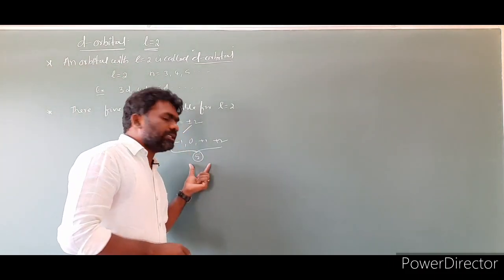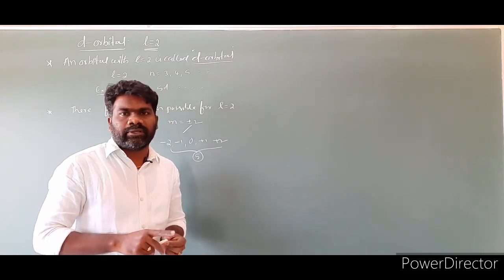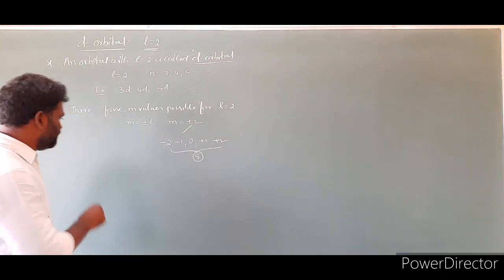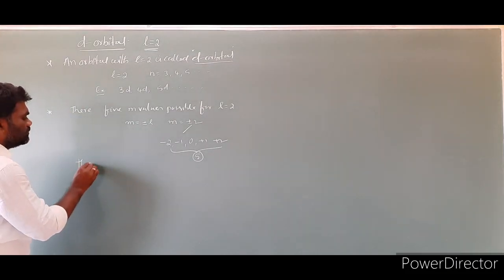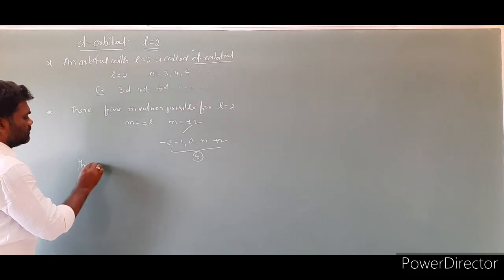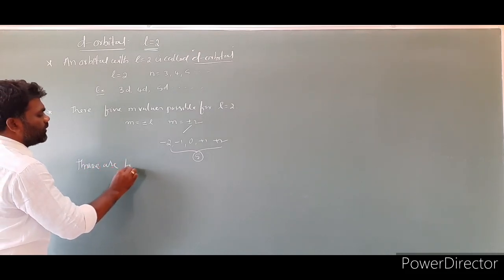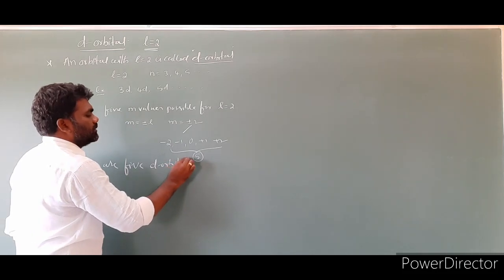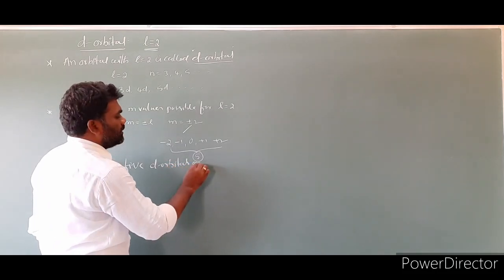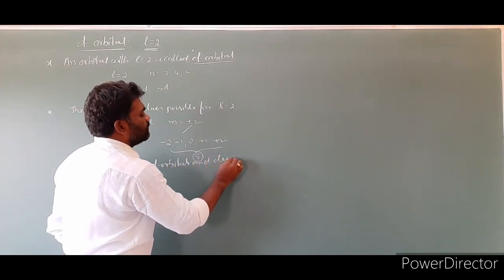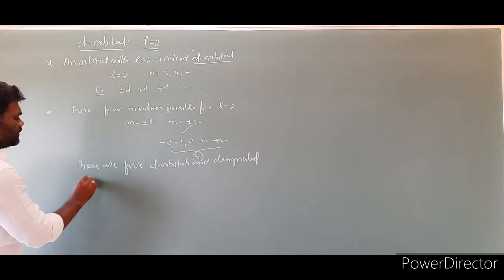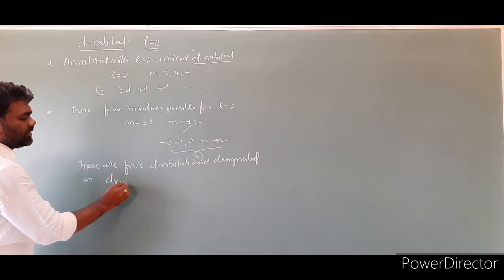This point indicates that there are 5 d orbitals. Very important points. The 5 d orbitals are designated as dxy, one orbital.